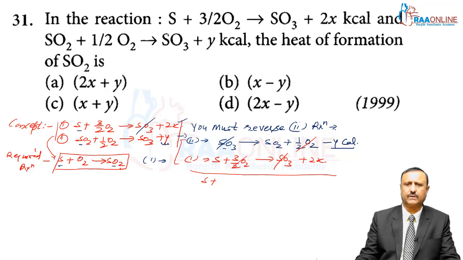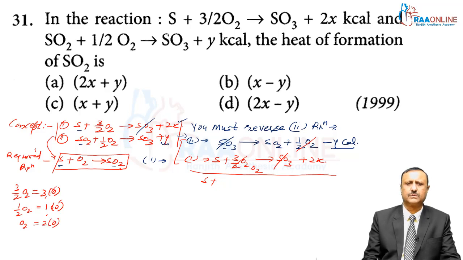After the cancel you get only O2. 3/2 O2 means 3 O, and half O2 means 1 O. So, half O2 is cancelled by 3/2 O2, meaning 1 O cancelled from 3 O. You get only O2. What is the O2? O2 is twice O. By this concept, you get S plus O2 to give SO2.